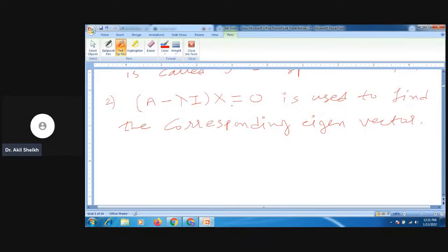Then there are some results depending on eigenvalues and eigenvectors.